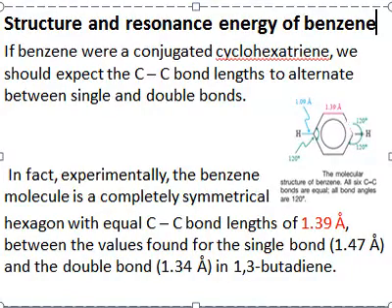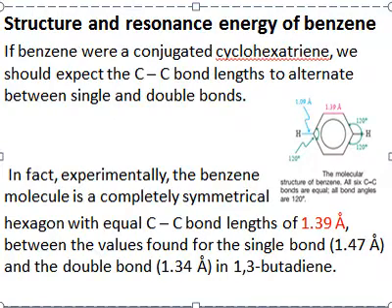So it's a 6-membered ring in which all bond lengths are the same and are equal to 1.39 angstrom. In general, a single bond length is 1.47 angstrom, while a double bond length is 1.34 angstrom. So you can see that in benzene, the carbon-carbon bond is longer than a double bond and shorter than a single bond.